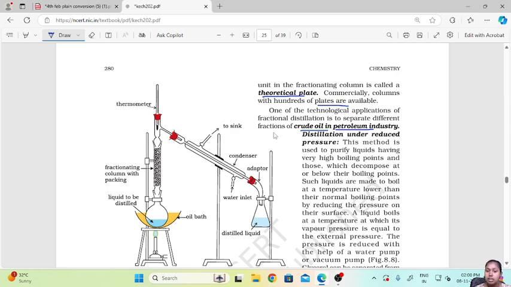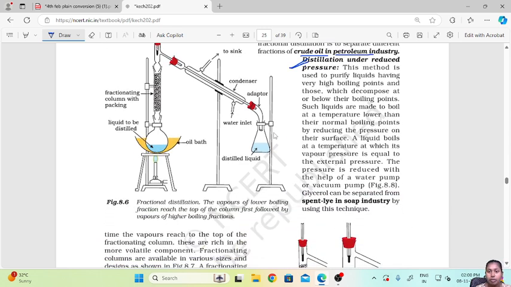Now, distillation under reduced pressure. This method is used to purify liquids having very high boiling point and those which decompose at or below their boiling points.